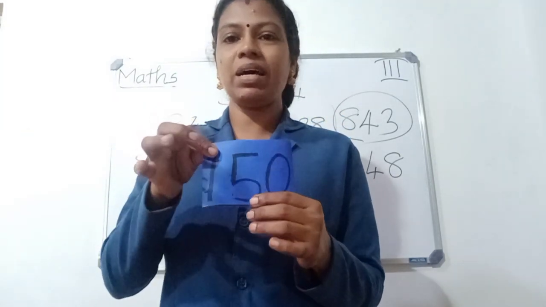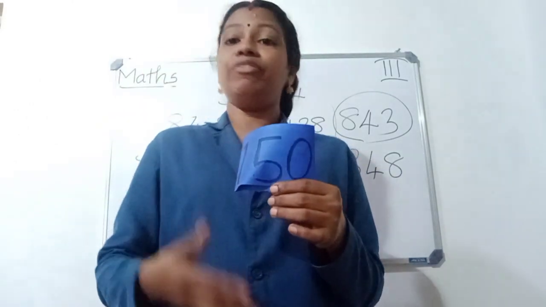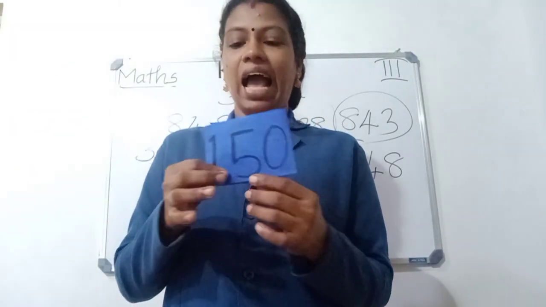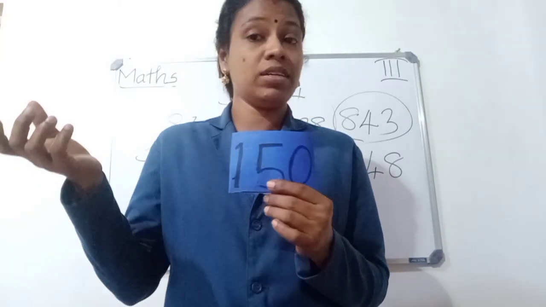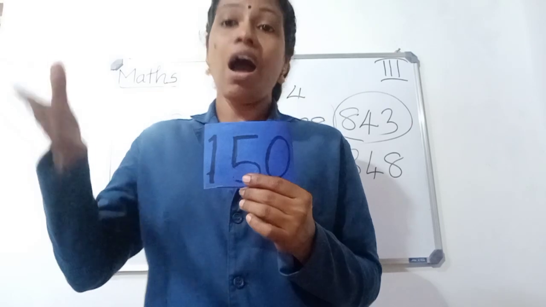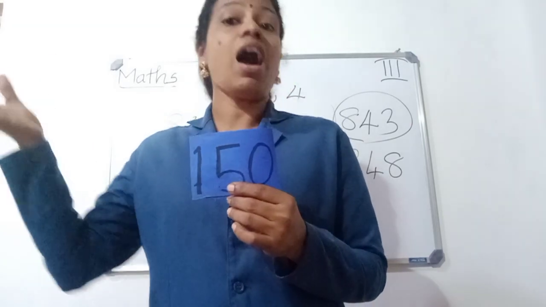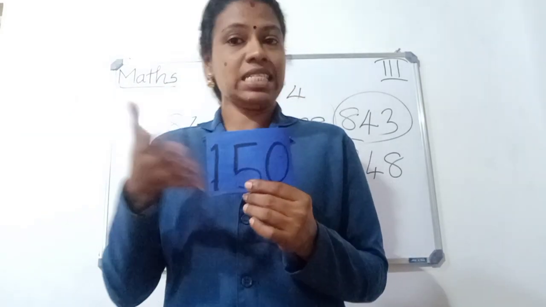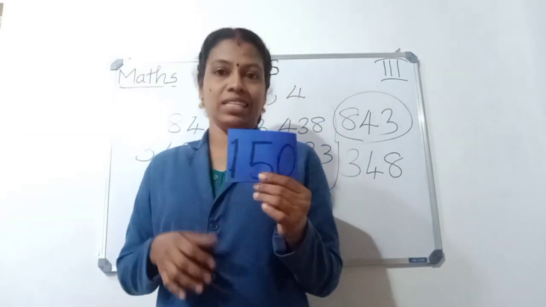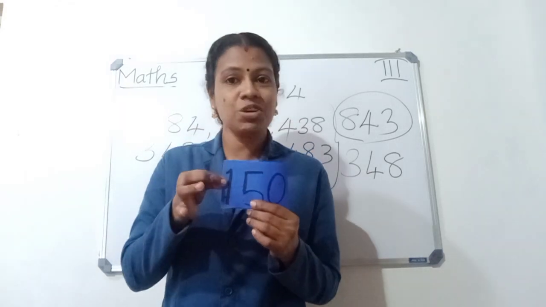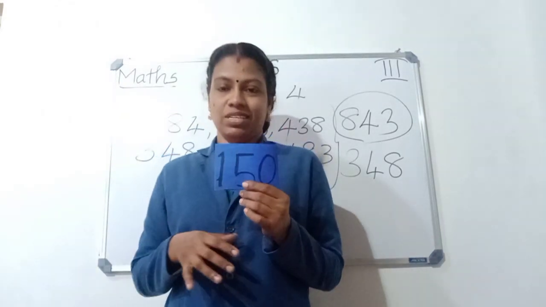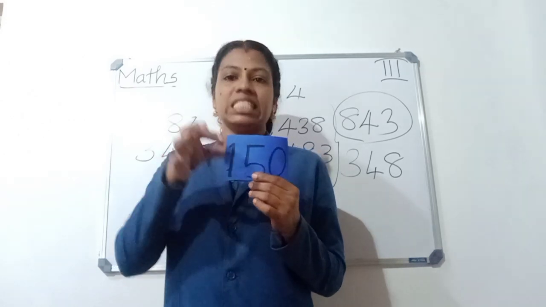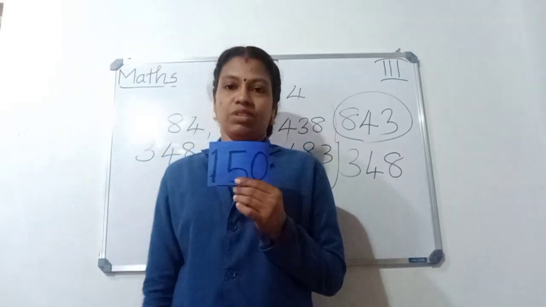Actually, the number has 100 and 50. 100 is there, 1 century is there, and 50 is there. 50 is what? Half of 100. That is half century, and already 100 is there. That is century is there. So we call it as century and a half century.